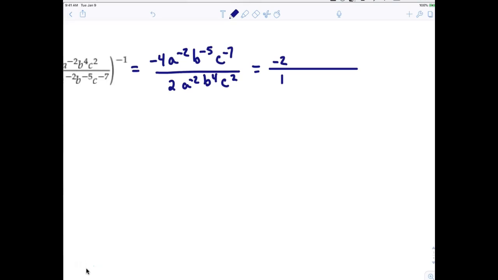That's right. They all go to the bottom. So she's going to put A squared, B to the 5th, C to the 7th. Right? That's correct. That's exactly correct.